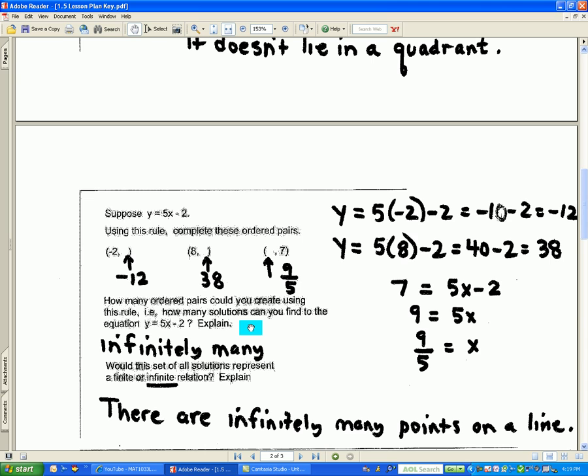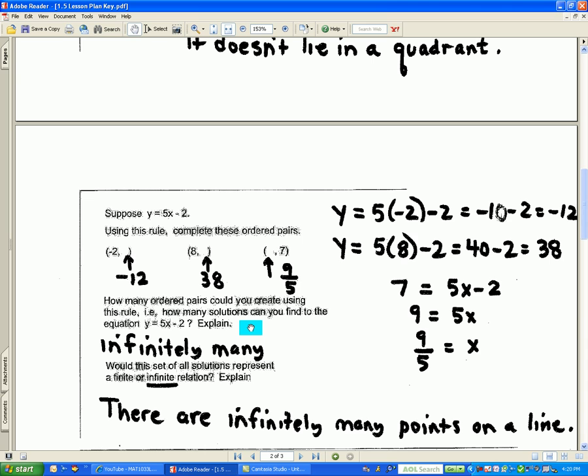Next question. How many ordered pairs could you create using this rule, i.e., how many solutions can you find to the equation y equals 5x minus 2, and then it wants us to explain? Well, the reason the answer is infinitely many, I want you to think this through. If I gave you the equation y equals 5x minus 2 and I said to solve it, you would have to start generating ordered pairs.